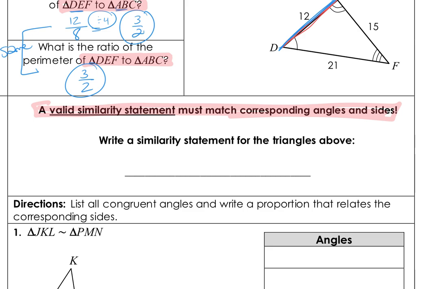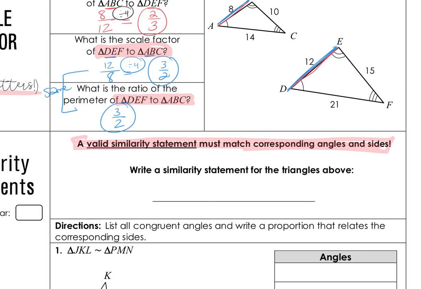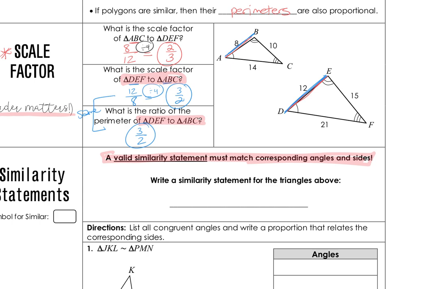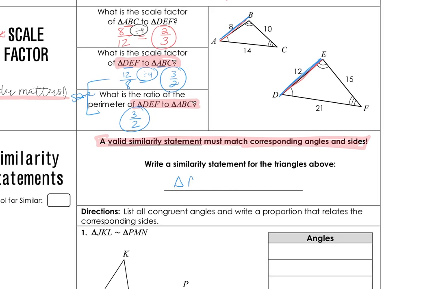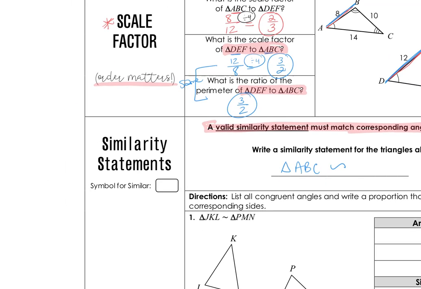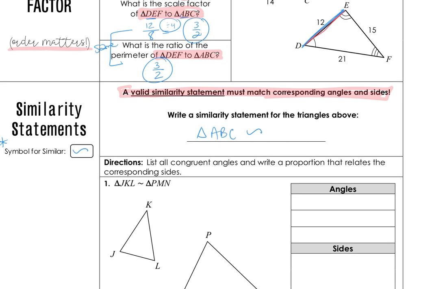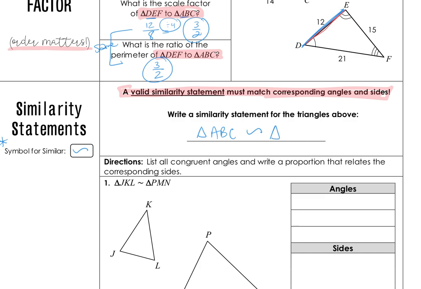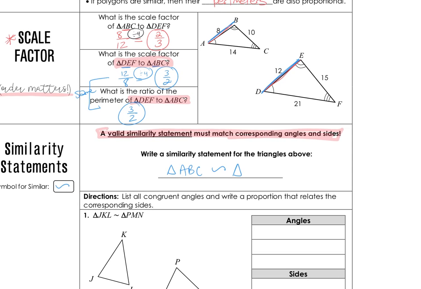If I was going to do a similarity statement for the triangles above, I might say triangle ABC is similar. And by the way, the symbol for a similar figure is just that wave, like the top of a congruent sign. So we're going to say triangle ABC is similar to triangle DEF.